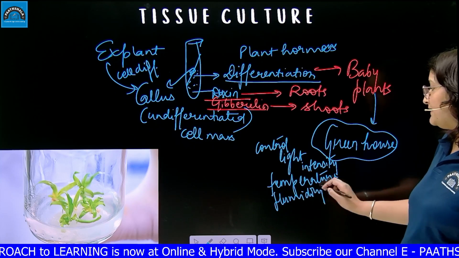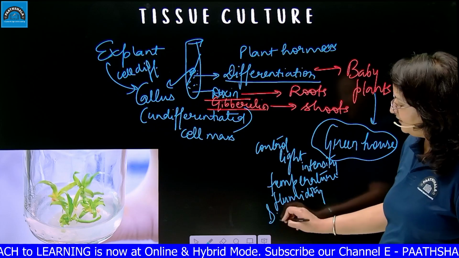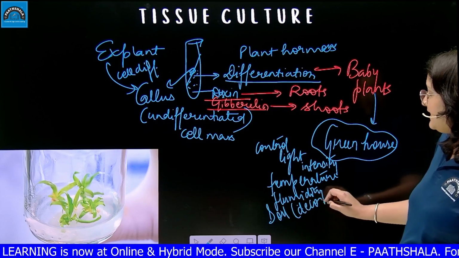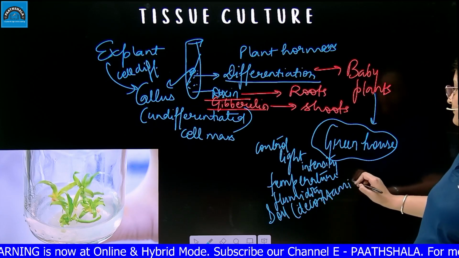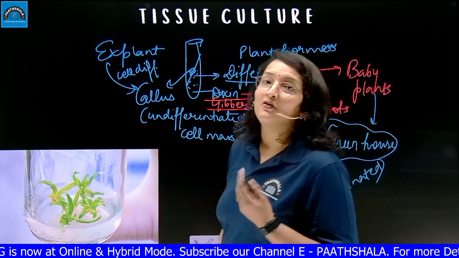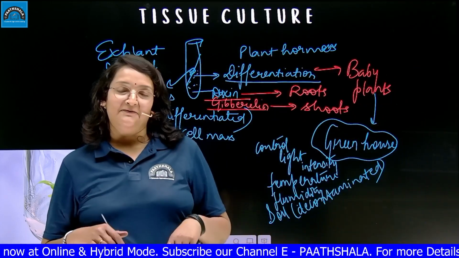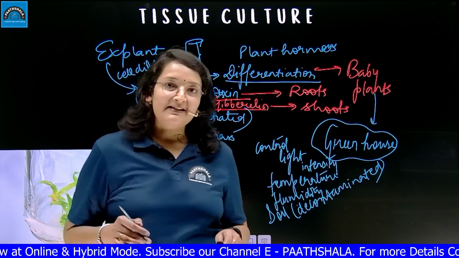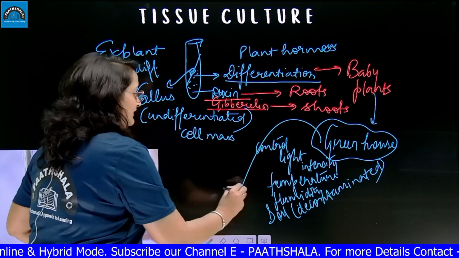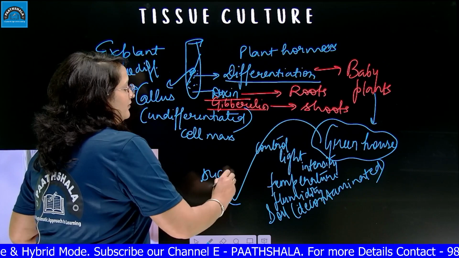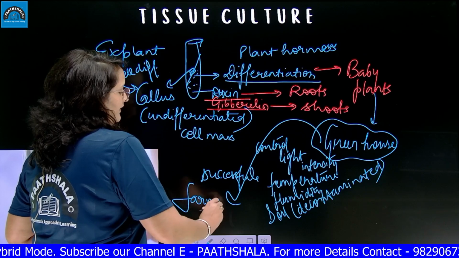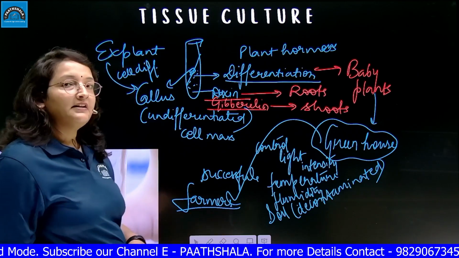All these factors are under control, and the soil which is present here is infection free, decontaminated soil. So your baby plant will learn how to grow in soil. It will get acclimatized for growing in soil. Once the baby plants get acclimatized in the greenhouse, the successful plants are handed to the farmers. This is how tissue culture is done.